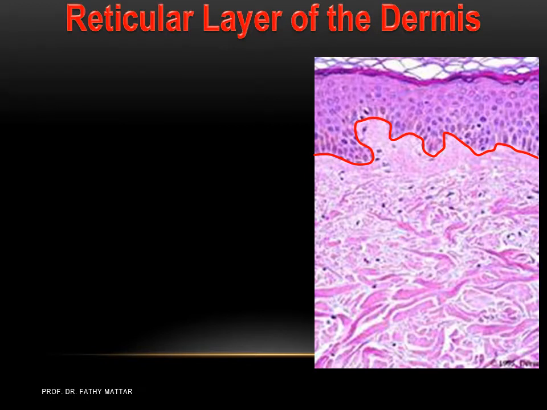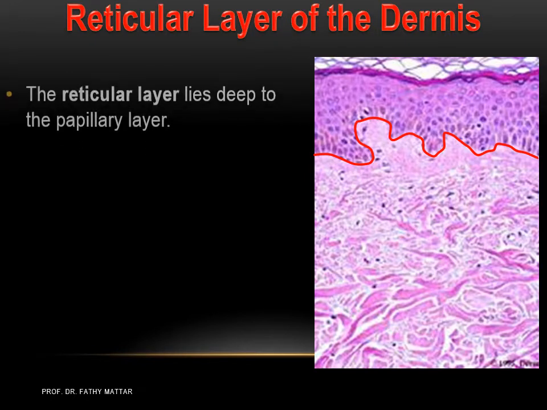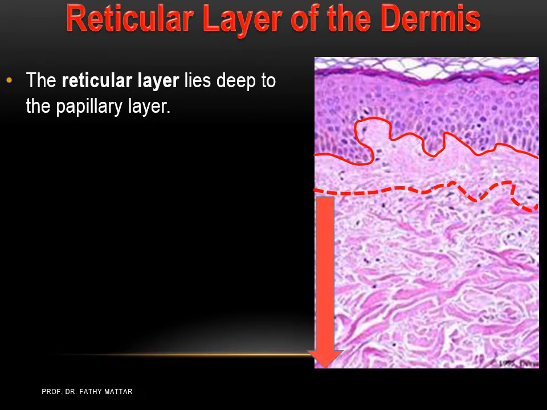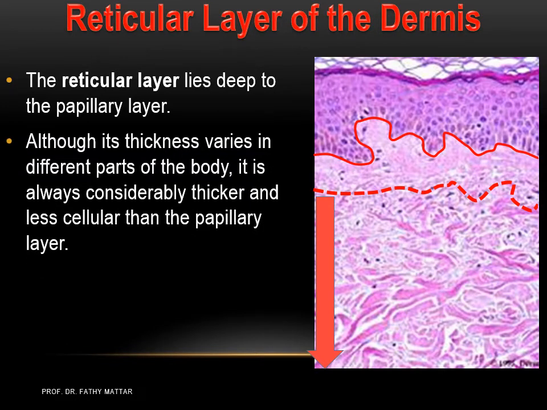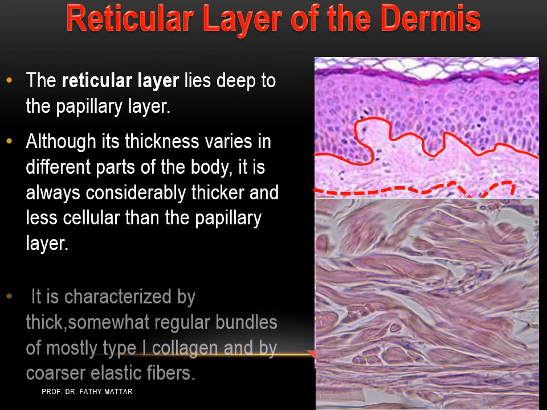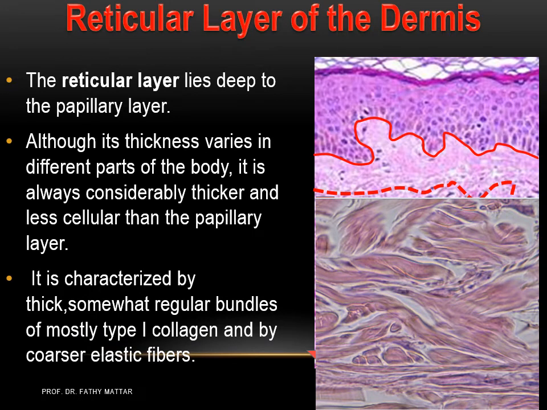The reticular layer of the dermis. The reticular layer of the dermis is found deep to the papillary layer. Although its thickness varies in different parts of the body, it is always considerably thicker and less cellular than the papillary layer. It is characterized by thick, somewhat regular bundles of mostly type 1 collagen and by coarser elastic fibers.